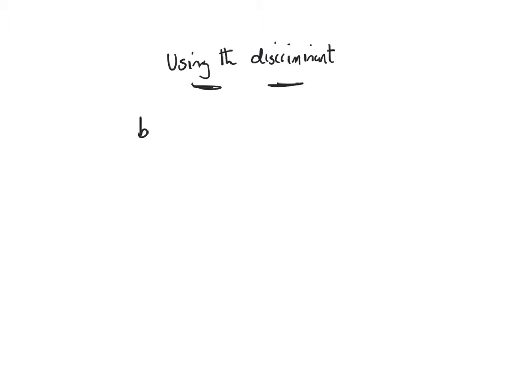Remember that the discriminant came from the quadratic formula, and through a wee bit of investigation we discovered that when the discriminant was equal to 0, that means that the roots were real and equal. Okay, so that was in the last video.